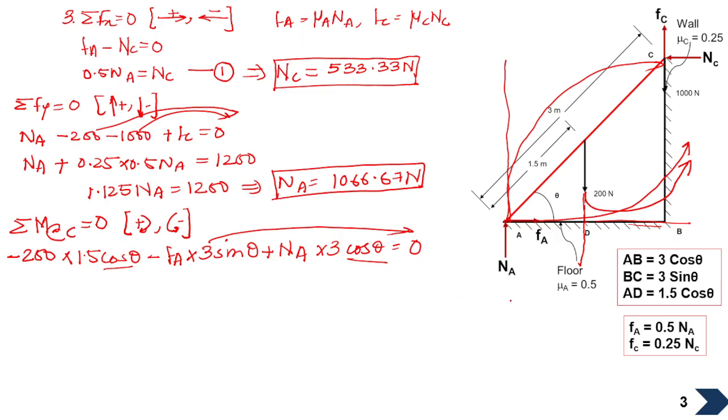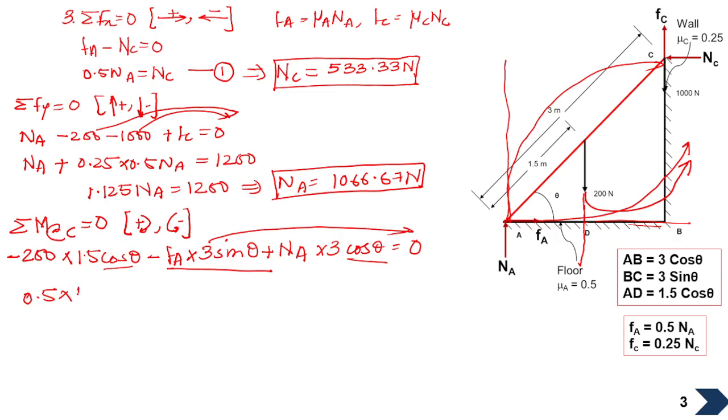Mu A is 0.5, NA we have already found. So this portion will become positive since it is going this side. So FA is mu A, 0.5, into NA.